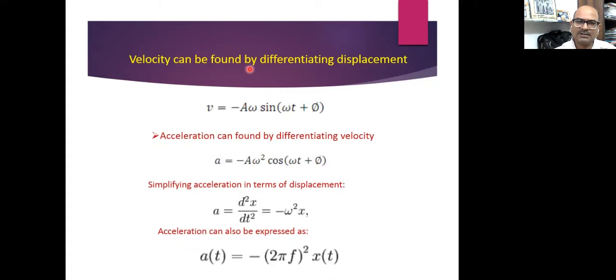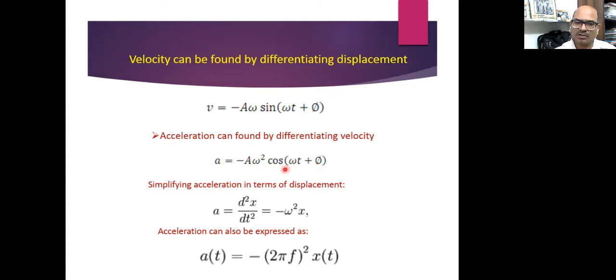We can easily get the velocity if we have the displacement x, by differentiating. So v is equal to minus A omega sin(omega t plus phi). Again, we differentiate with respect to t to find the acceleration: a is equal to minus A omega square cos(omega t plus phi).